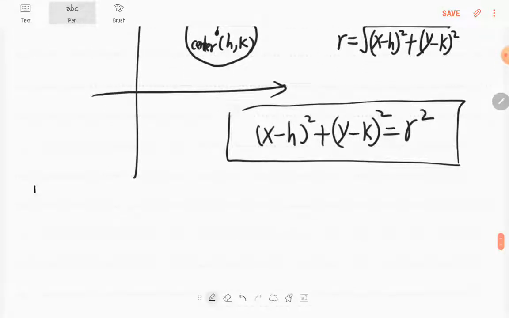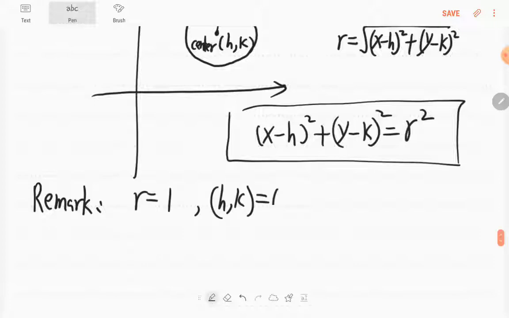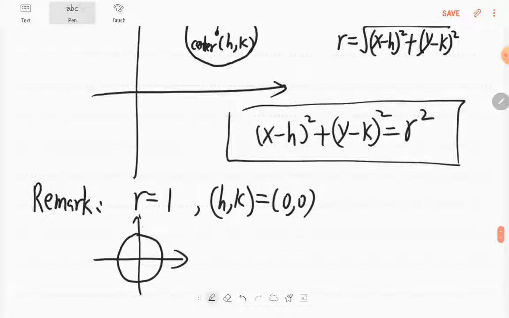Let's look at one remark, a very special circle, which is r equals 1, and the center h and k equals 0, 0. Center is at the origin. This is this one. Here's 1, 1, negative 1, negative 1.